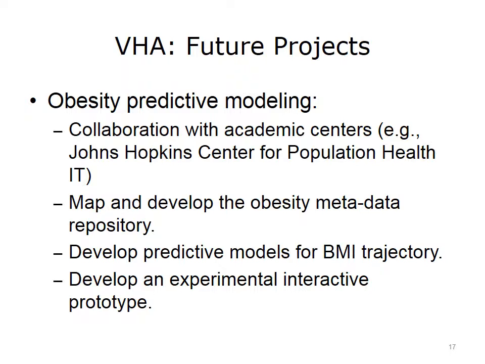One example of these projects is the result of VHA's collaboration with the Johns Hopkins Center for Population Health IT to better predict obesity among the veteran population. This project has resulted in various modeling and data infrastructure outcomes, such as mapping and developing the obesity metadata repository, developing predictive models for body mass index (BMI) trajectories, and developing an experimental interactive prototype.